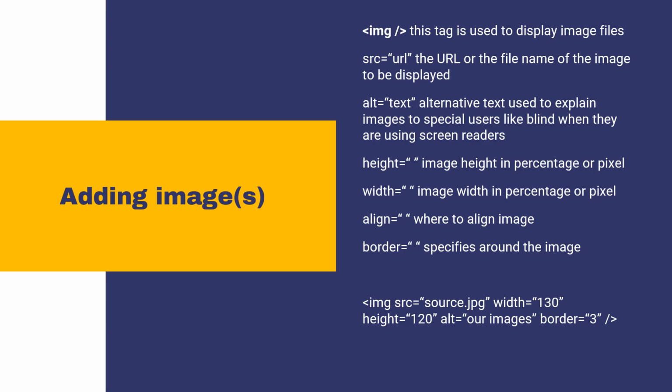For example, you have a website, and you have an image of the CEO of the company. So your alternate text could be image of CEO, so that it will be easy for a blind person going through your site to understand what they're trying to say here. Without wasting much of our time, we'll be trying out our image tag and see how it looks.